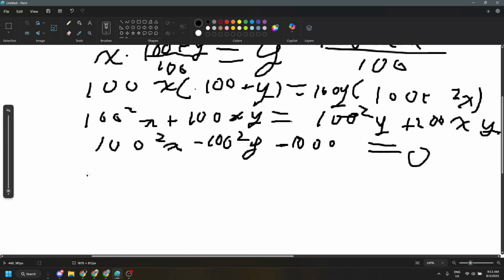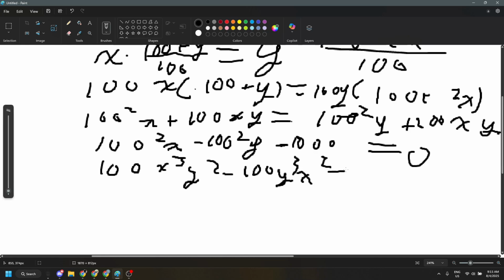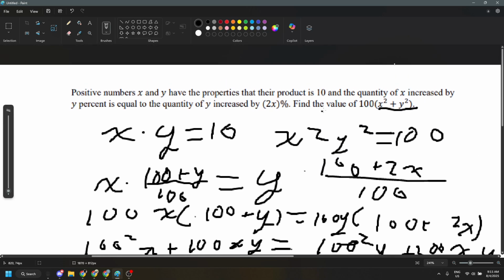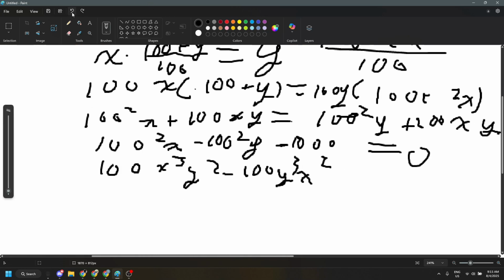What if I put that in here? So I have 100 x cubed y squared minus y cubed x minus 100 y cubed x squared minus 1,000, or is equal to 1,000, I guess. And then it's 100.